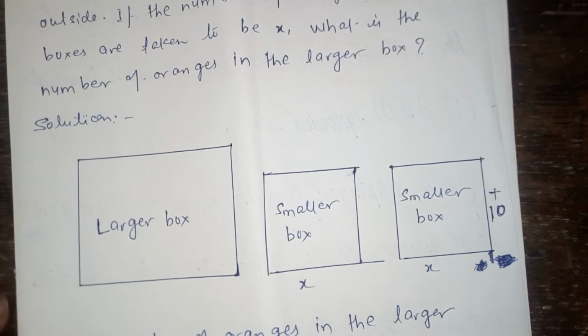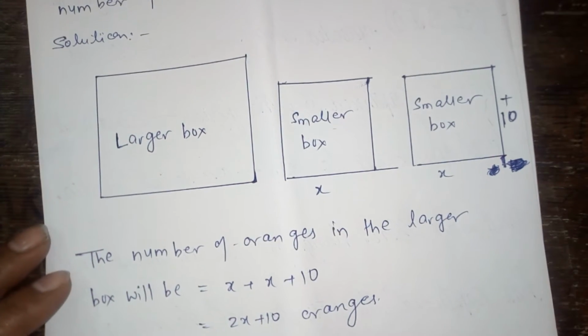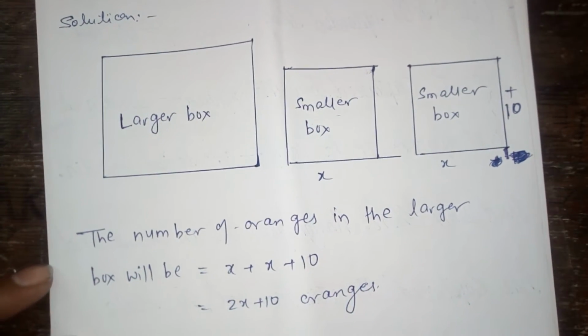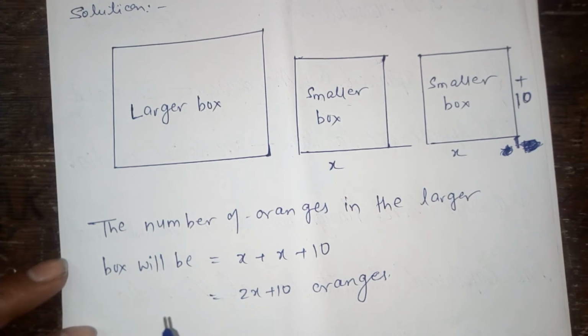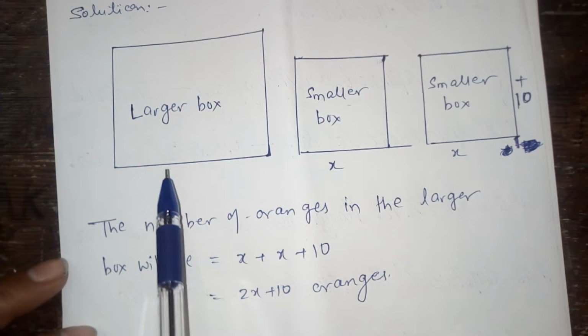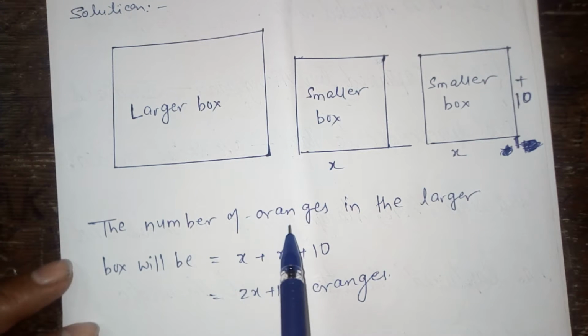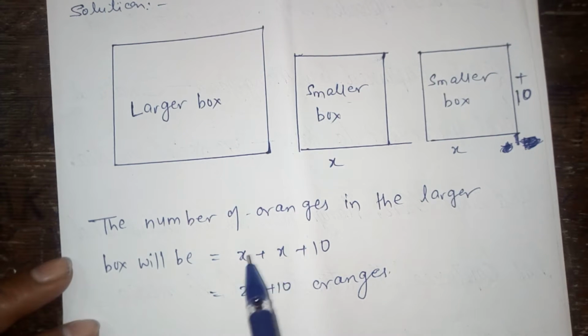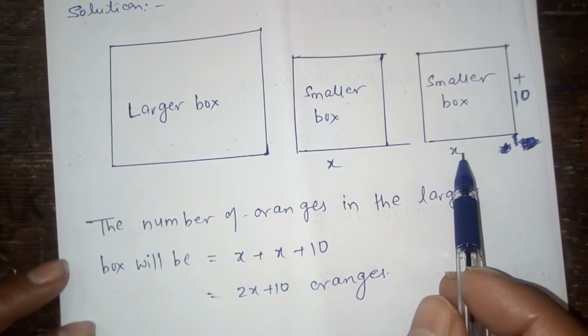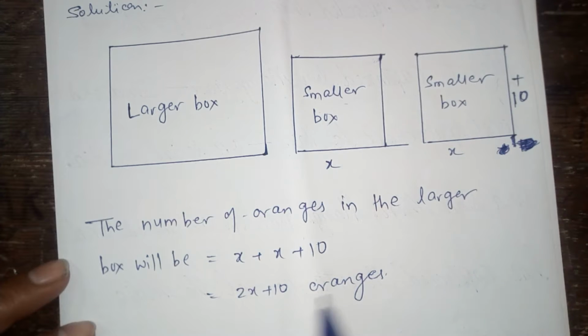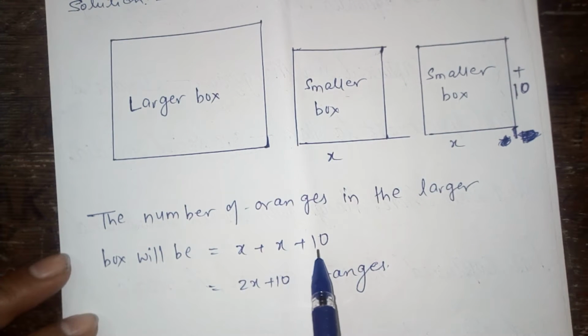So in this question we will find out how many oranges are in the larger box. The number of oranges in the larger box will be x plus x plus 10, which gives you 2x plus 10.